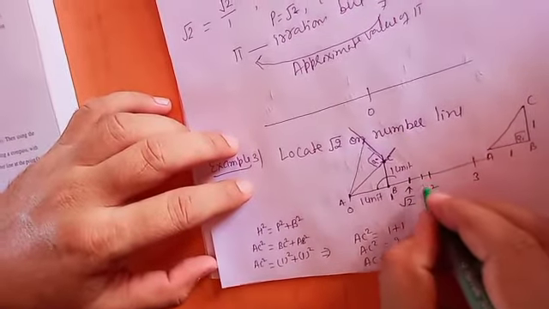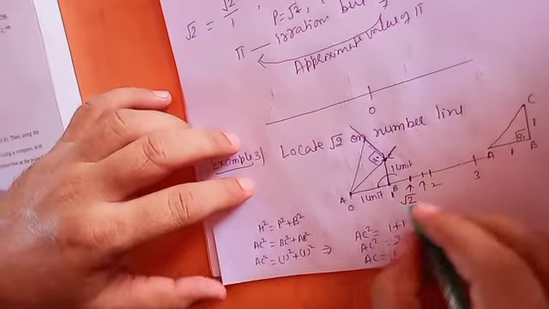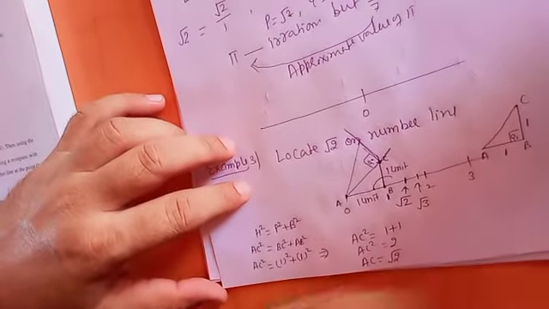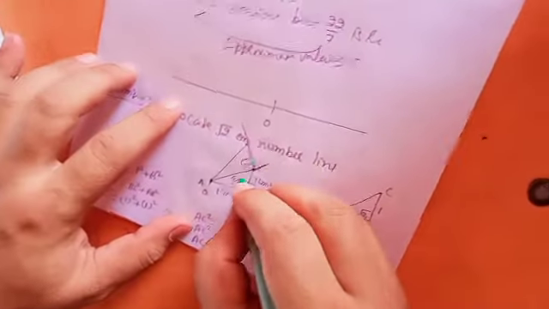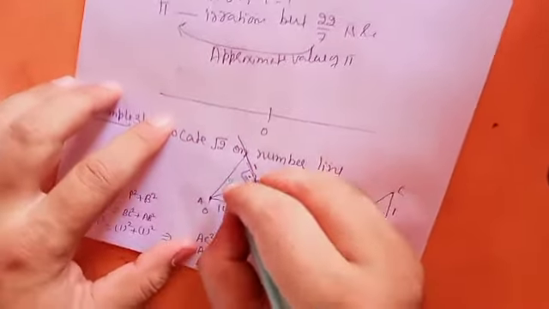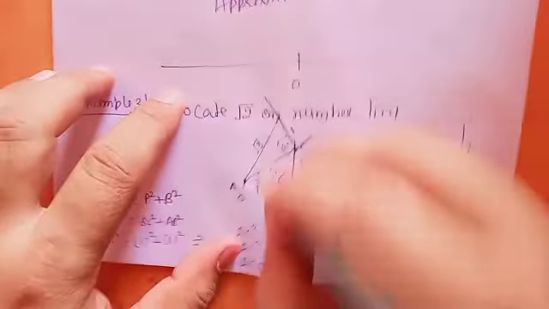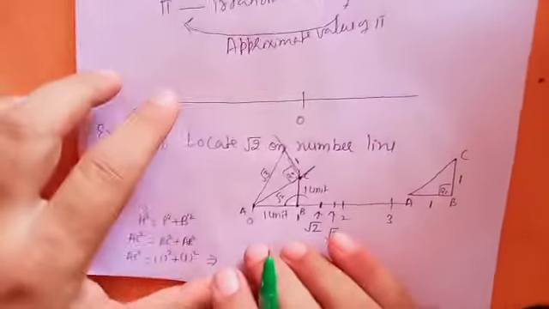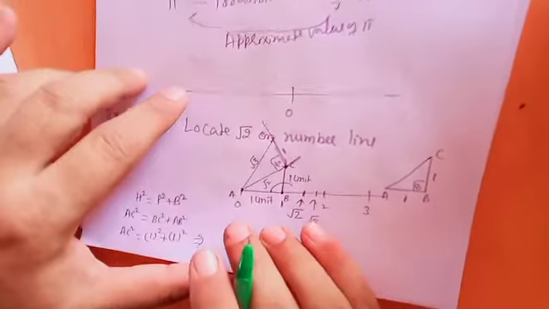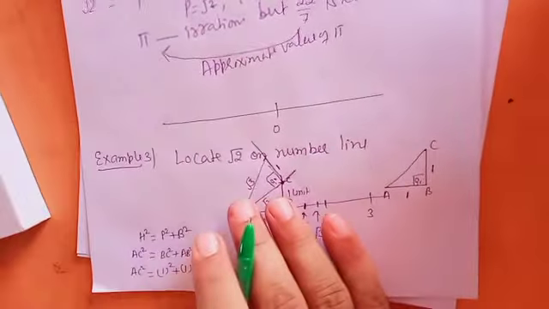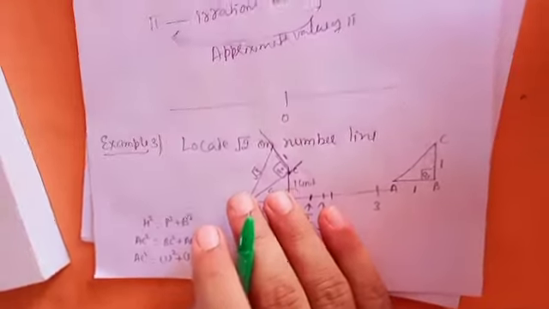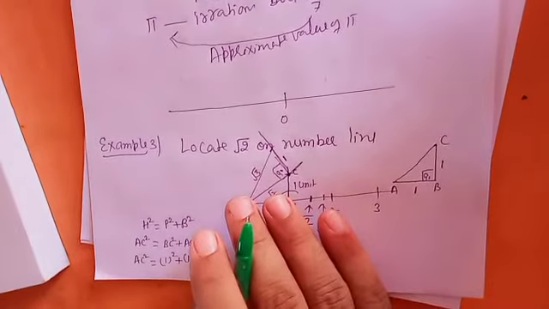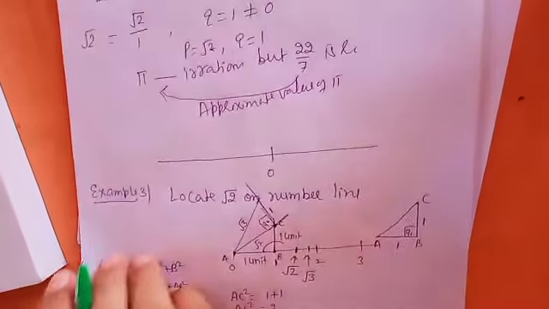And open your compass like this. Cutting here, this value is under root 3. The reason is the same again: this is equal to under root 2, this is 1 unit, so this is under root 3. In this way you can locate under root 3, under root 5, under root 7, under root 9 on the number line. Understood or not?